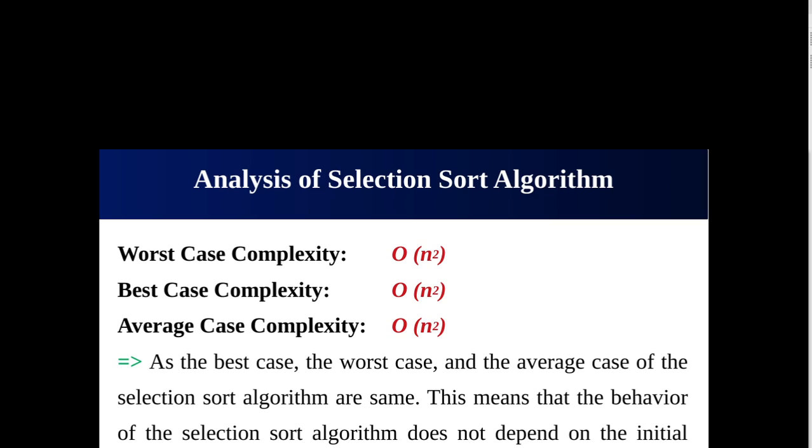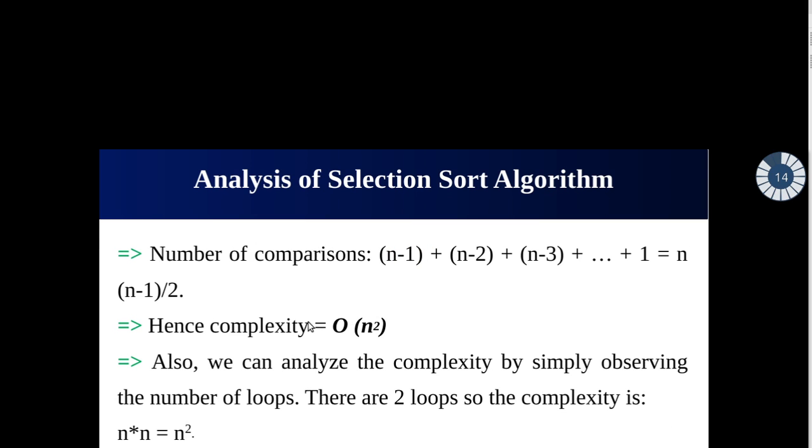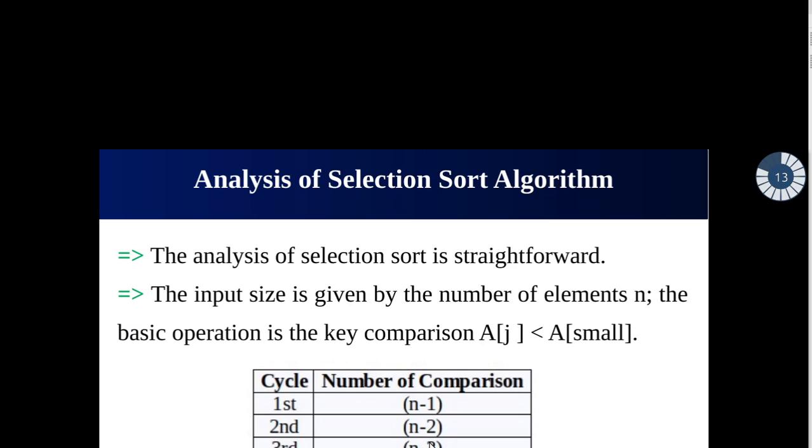So that is also a possible analysis of the selection sort algorithm, and a simple one as well. But I found the simplest way to analyze the selection sort algorithm is by looking at the basic operation of the algorithm, the comparison, and looking at how many times we actually perform the comparison at each cycle or at each pass.